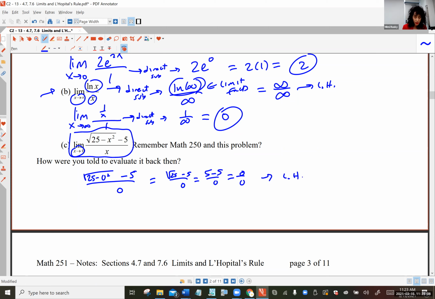Apply L'Hopital's. Now, in Calc 1, I don't allow my students to use L'Hopital's. Otherwise, I give them 0 credit for that problem. So how did they work on this one? I don't want to do the whole thing, but I'll just allude to it. So if you're tutoring a friend in Calc 1, say, and they're not allowed to use L'Hopital's, you multiply by a special version of 1. And the special version of 1 involves rationalizing the numerator using the radical conjugate.